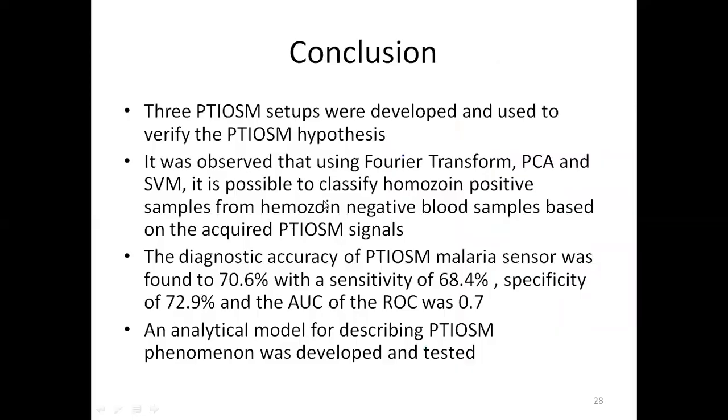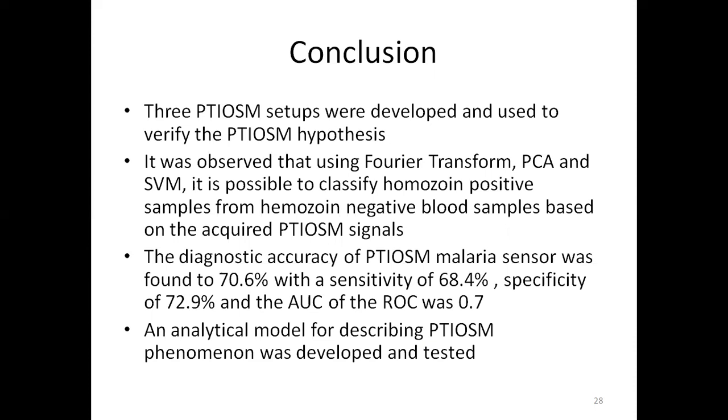So in a nutshell, we managed to develop the photothermal induced optical scattering modulation setups and proved the photothermal induced optical scattering hypothesis. And we managed to show that using the technique, we could identify malaria positive samples from malaria negative samples.